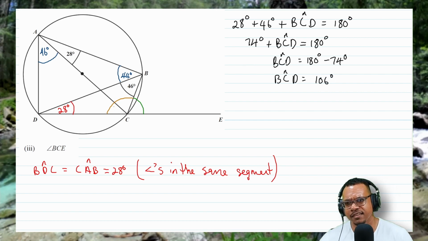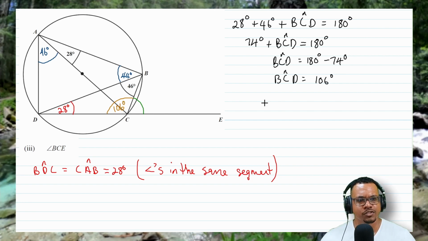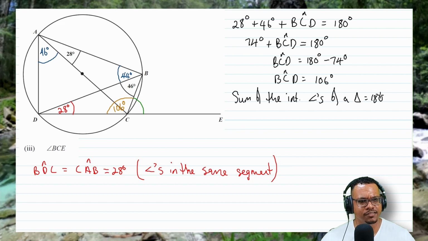That means this angle here is 106 degrees. And of course, my reason will be the sum of the interior angles of a triangle is equal to 180 degrees.